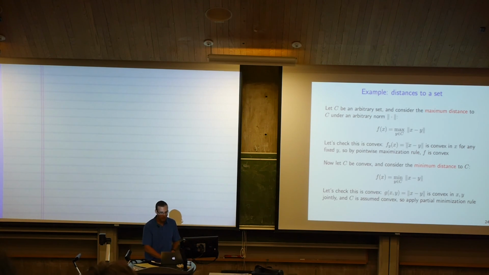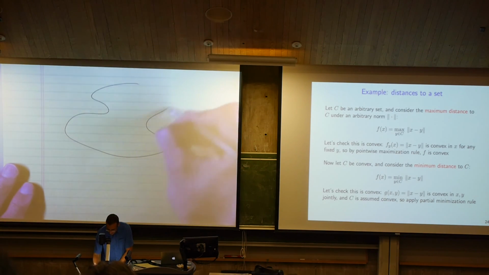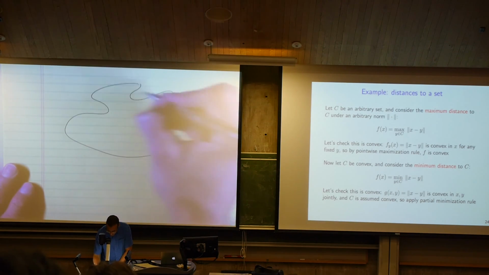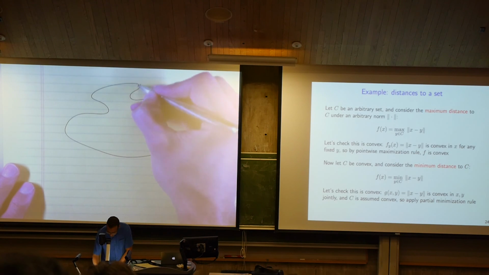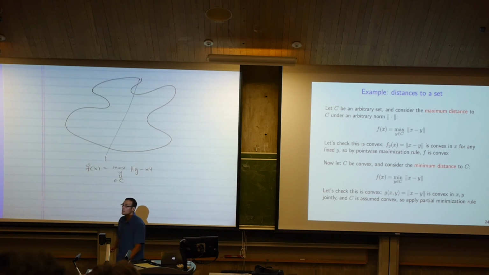So by the pointwise maximization rule, f is convex. If I have some very weird, very non-convex set, and I define f to be the function that gives me back the farthest distance, that's always convex. That's kind of a surprising fact, I think.